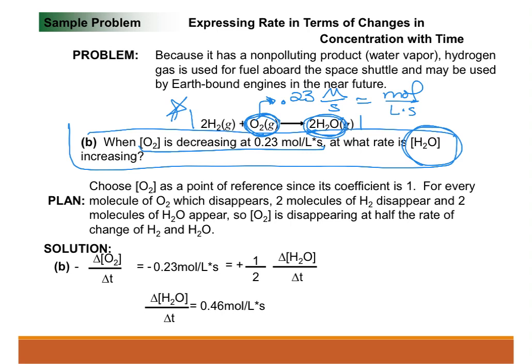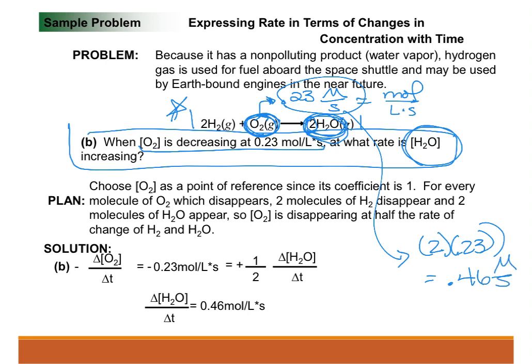Hopefully you could say, okay, because of this 2 in front of water, the change in the concentration of water is going to be 2 times faster than the change in concentration of oxygen. And so you could literally just take the rate that you were given for oxygen and multiply it by 2, and that would give you the rate of change with respect to water.